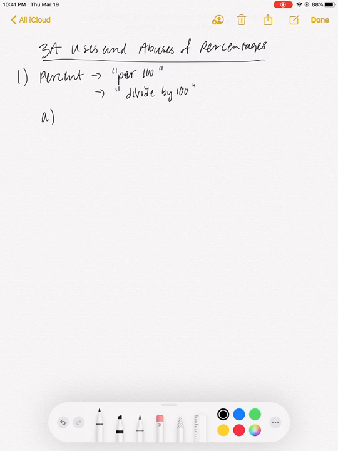So the first we're going to do is 3.5% converted to a fraction. When you convert 3.5% to a fraction, per 100 means we put the 3.5 in the numerator and the 100 in the denominator. Then we need to simplify it as much as we can.